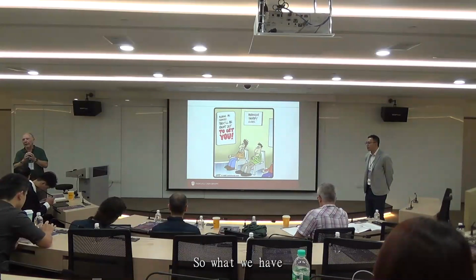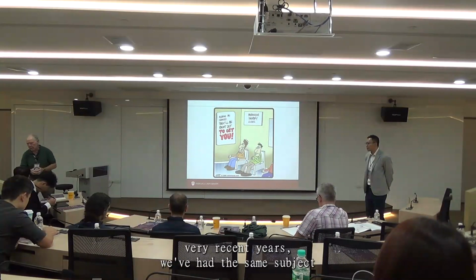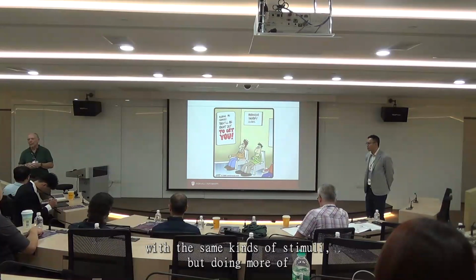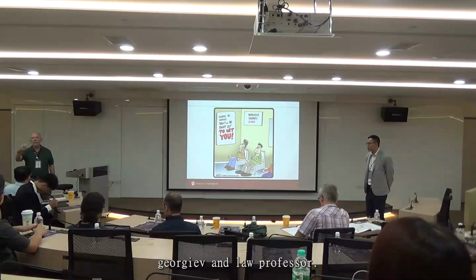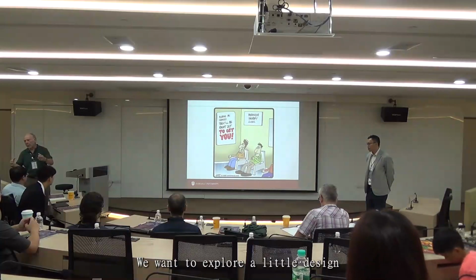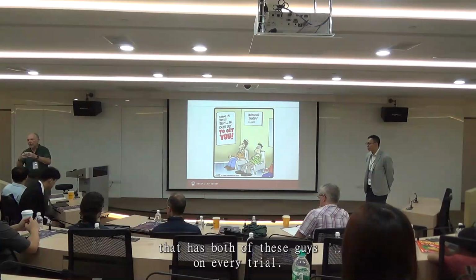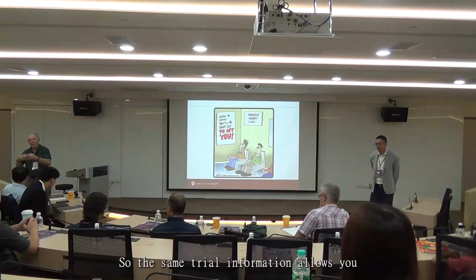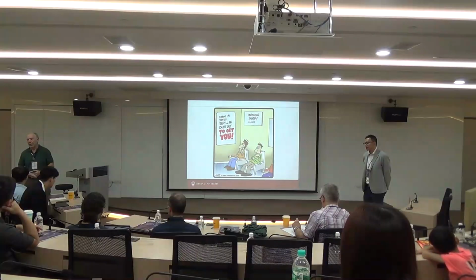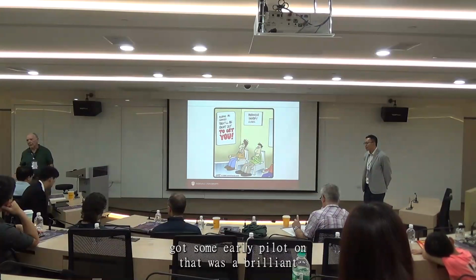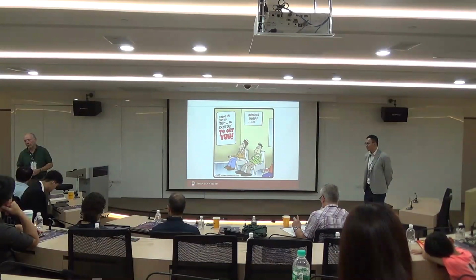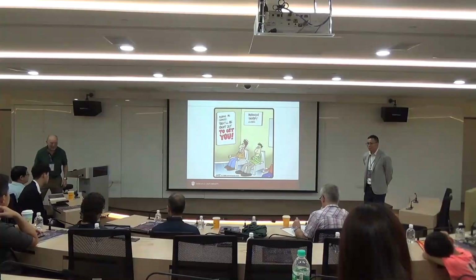In the last 2 or 3 years, we've had the same subjects with the same kinds of stimuli, doing a block of GRT, then a block of SFT. But we want more than that. We want an experimental design that has both of these on every trial, so the same trial information allows you to do the test for SFT as well as GRT. We've got some early pilot data on that with a brilliant new design that Michael Winger, my colleague there, has. Thanks for that question.